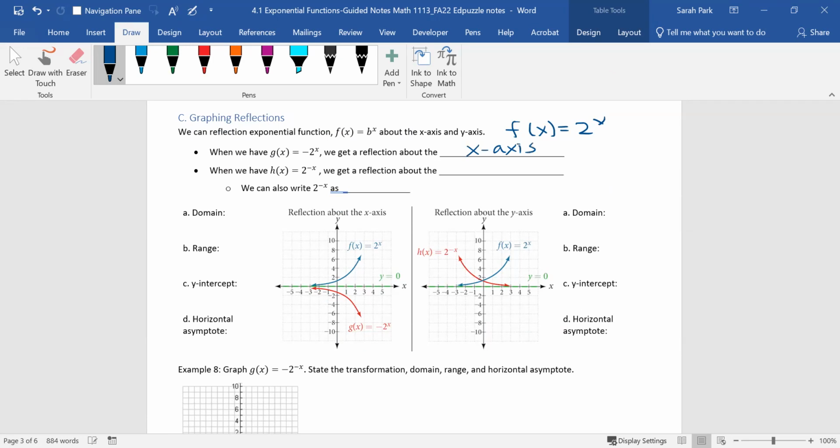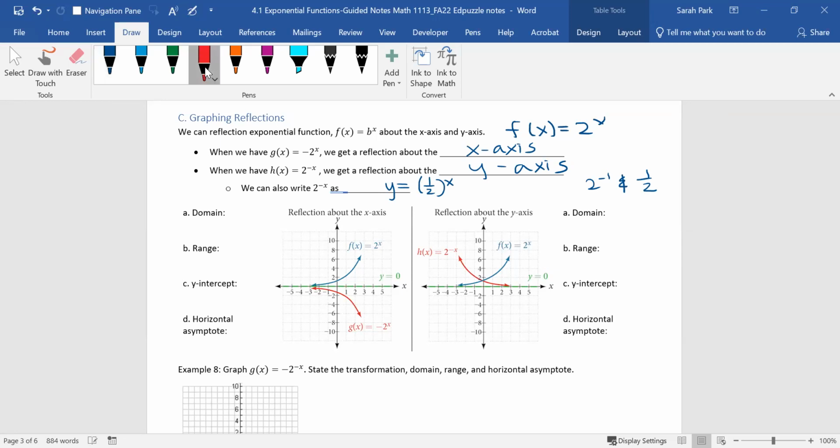When we have 2 to the -x, we get a reflection about the y-axis. Note that we can also write 2 to the -x as the function y equals 1 over 2 to the x, because remember, 2 to the -1 and 1/2 are basically the same thing.